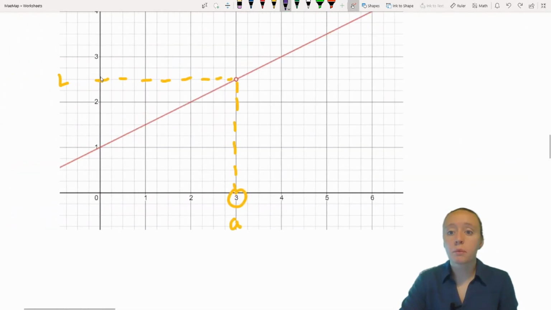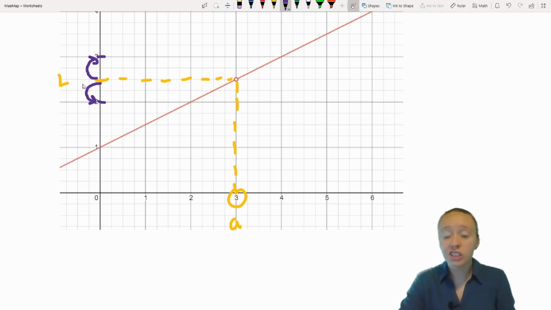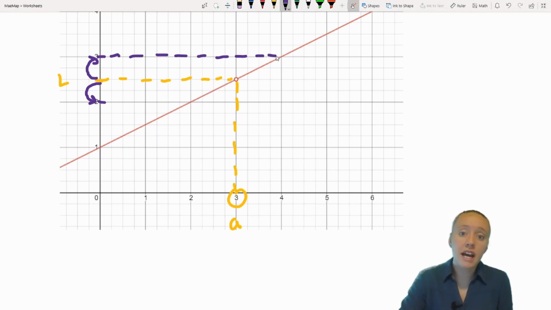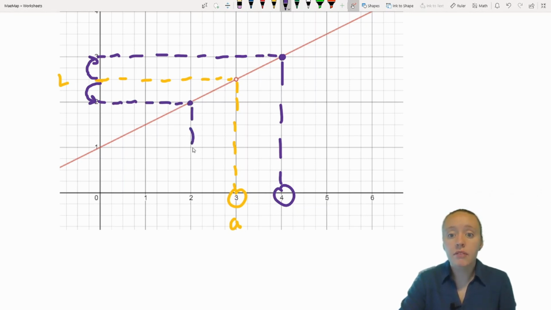So if I added 1/2 to L, I would go up to 3 in the y. If I subtracted 1/2, I would go down to 2. But you can see that that's a change of 1/2 from L. What's that x value associated with when I add that epsilon? That's going to be an x value of 4. And the x value when I subtract that epsilon is going to be associated with an x value of 2.